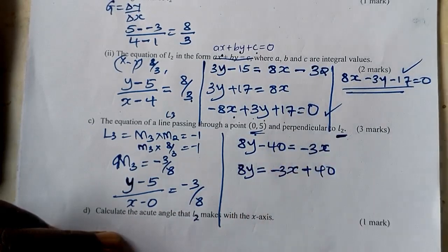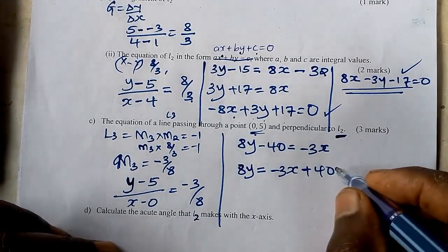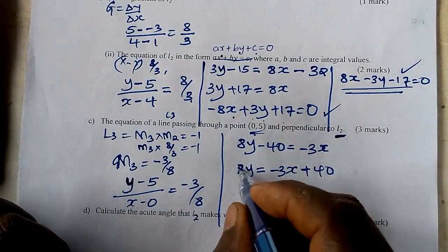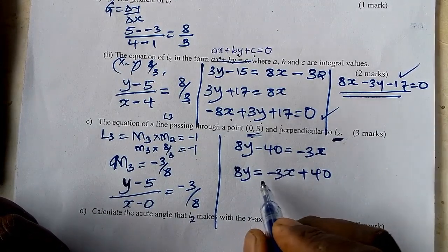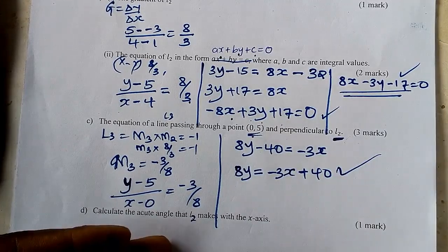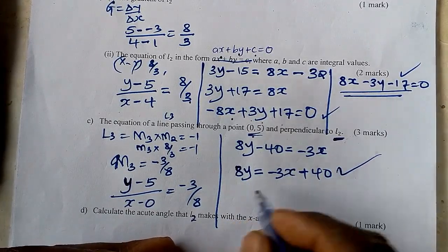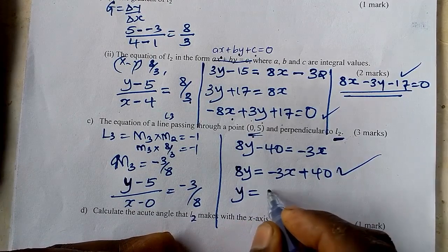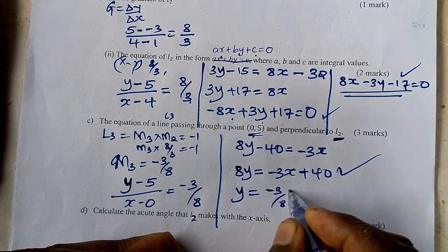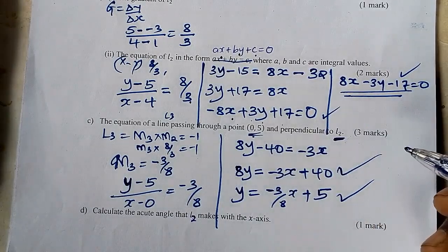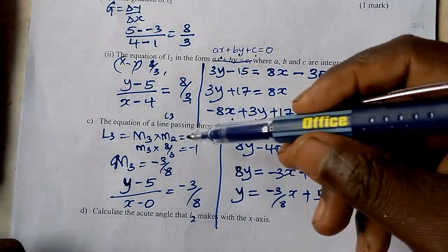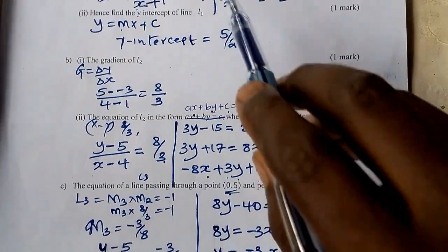We can leave it here because we were not given instructions, or you divide by 8 everywhere. So we are going to have y is equal to minus 3 over 8 x plus 5. This one is also okay and this one is okay, because we were not given instructions for either form.